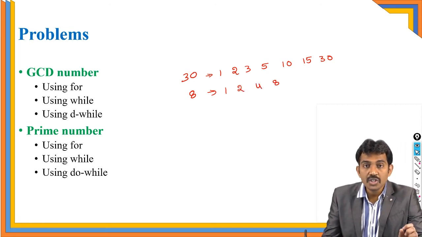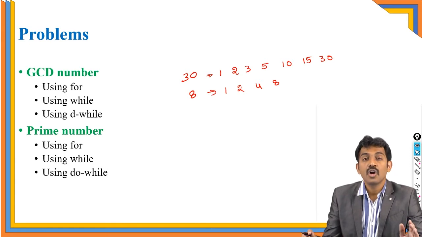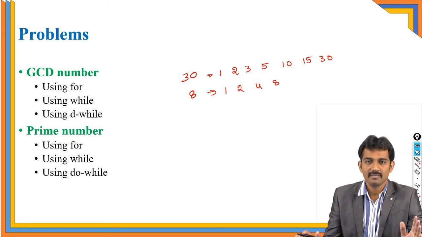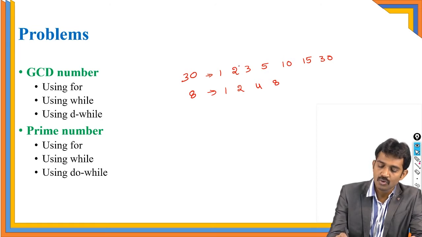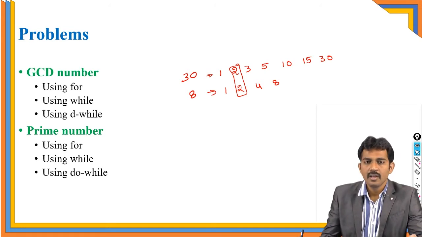Your task is to find the largest common factor. That is the GCD. Here, 8, no; 4, no; yes, 2. So 2 is the GCD. This is the non-effective method.